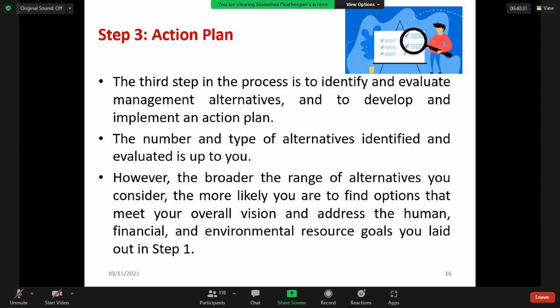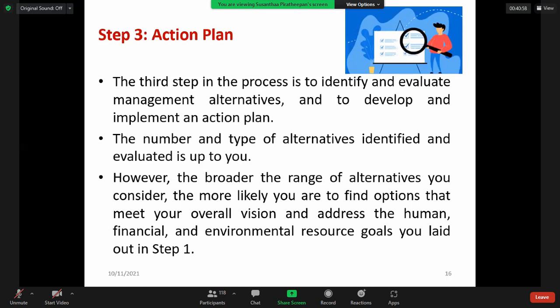Then we apply or implement the plan on the farm to identify how the alternatives or the plan are working to achieve the goals which we already planned in step 1.